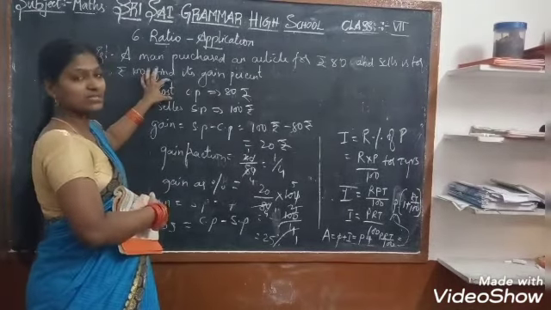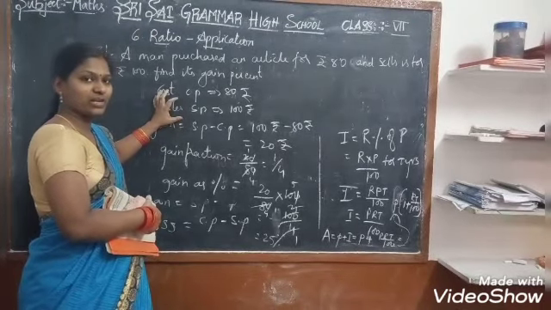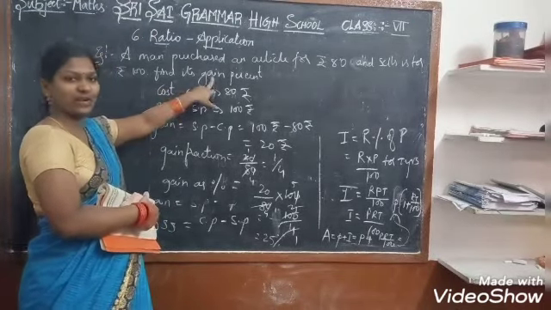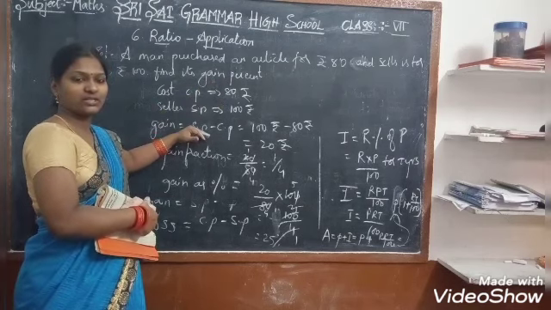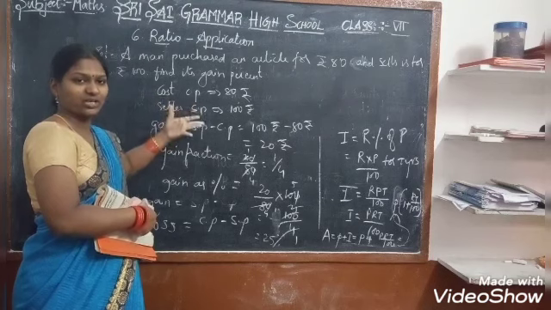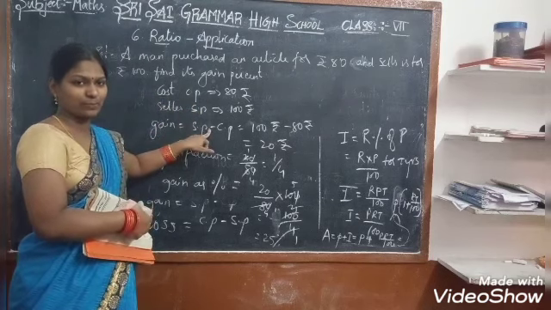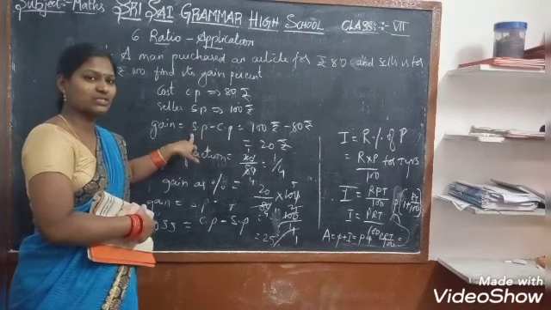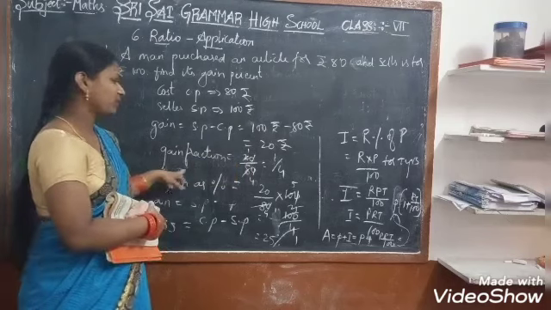Here, the cost and selling price are given, and we have to find the gain percent. We have to find the gain, so that's why selling price minus cost price. 100 minus 80 is 20. Then the gain fraction, 20 by 80 into 100.